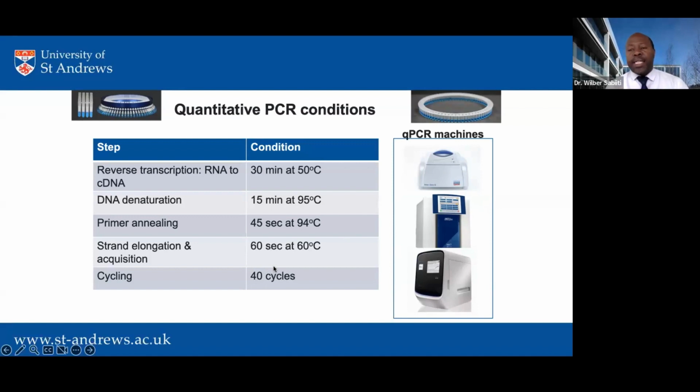We've also worked at means of shortening the PCR reaction from 2.5 hours, and now we have a protocol that can achieve the PCR reaction within 1 hour. That reduces the time taken for the reaction from 2.5 to just 1 hour.